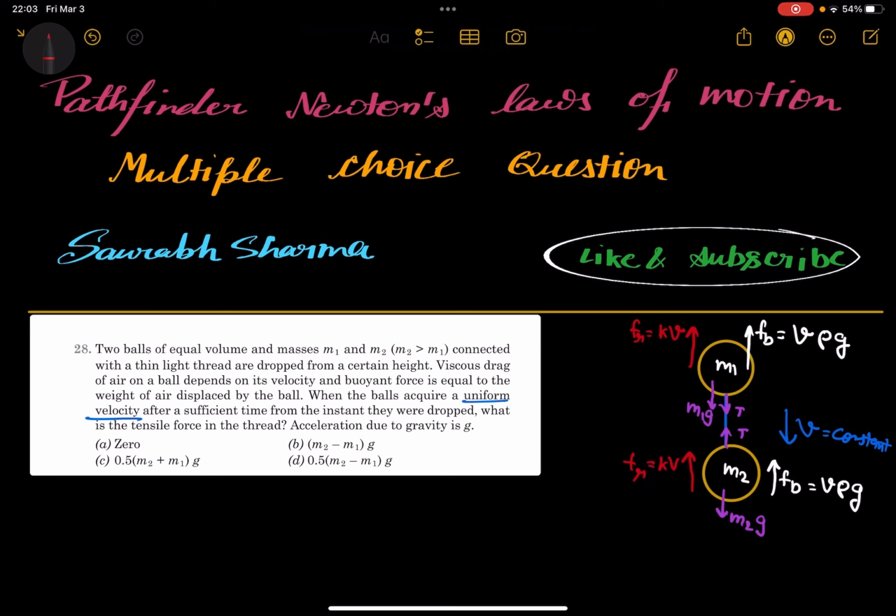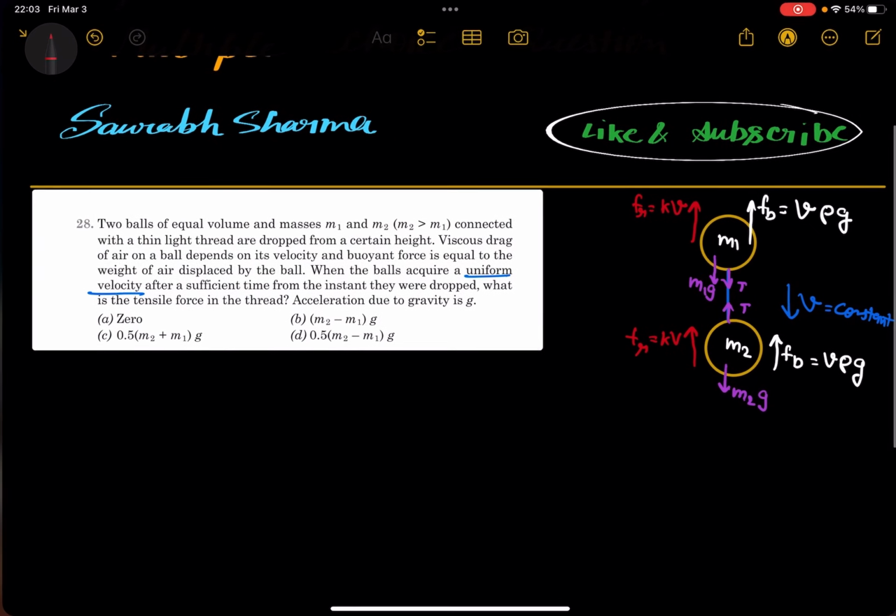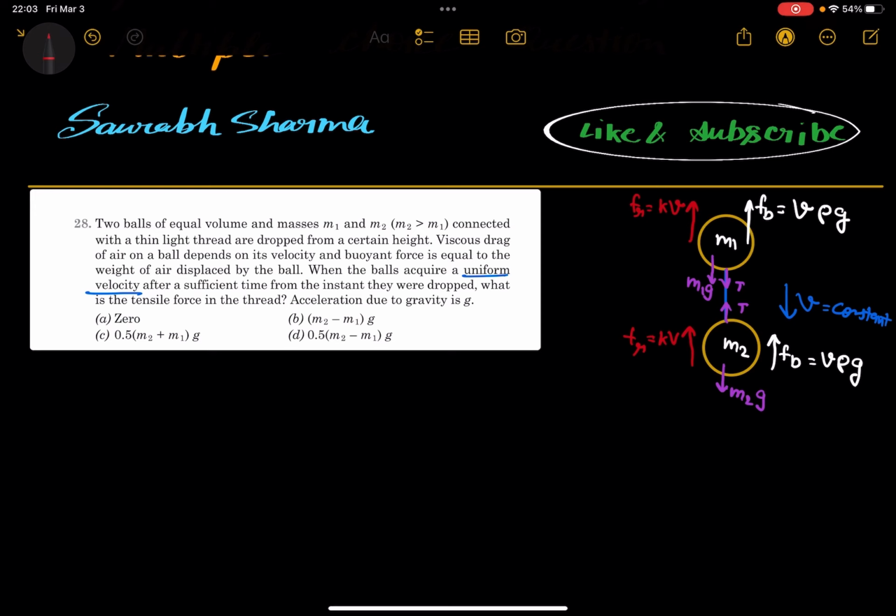My dear friends, now I tell you clearly, if v is constant, then all forces acting on each object are balanced. So now you can write simply, for m1: T plus m1g is equal to Kv plus V rho g.